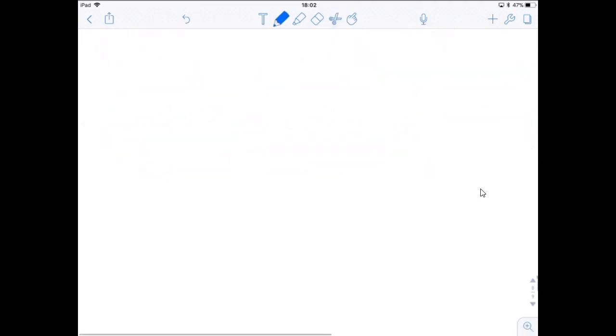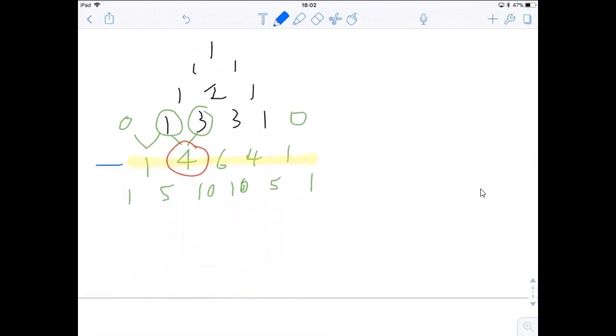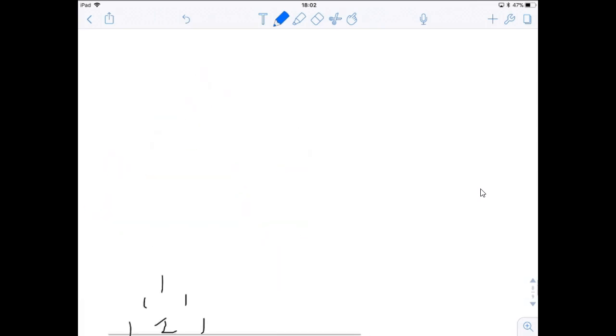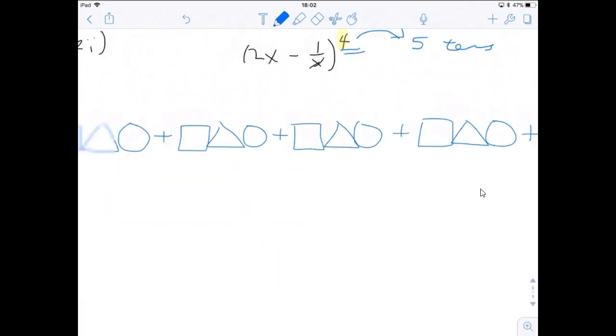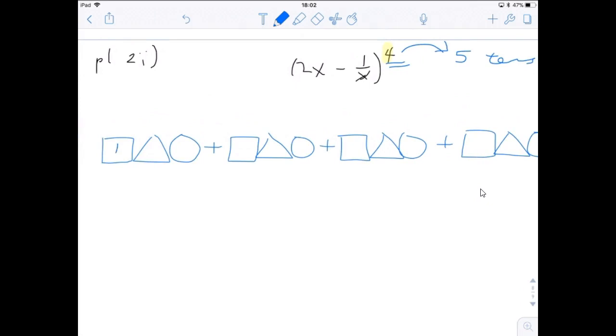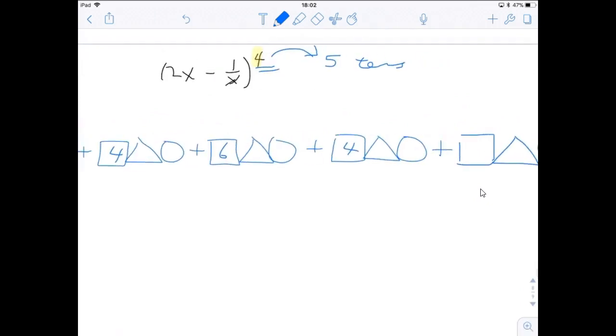If you remember, for the n equals 4 row, when I say n equals 4, I'm talking about the power, it's 1, 4, 6, 4, 1. So I'm going to put 1, 4, 6, 4, and 1 in the squares.